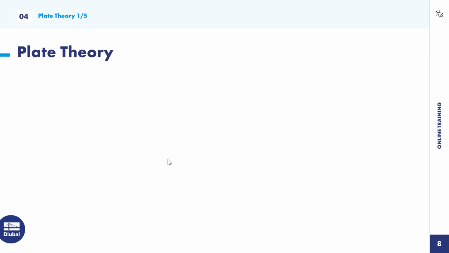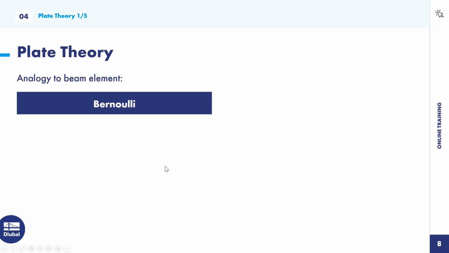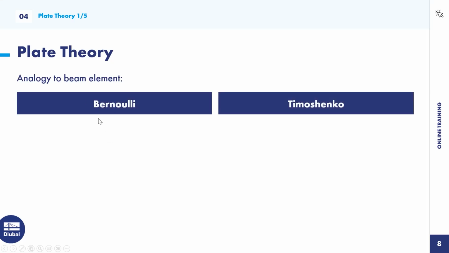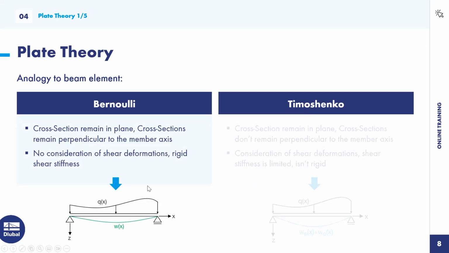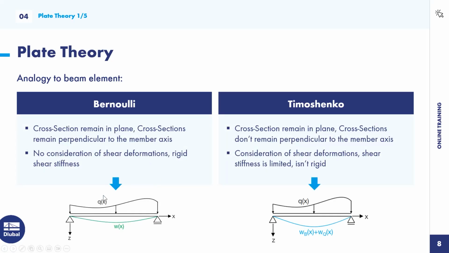For members, you might know there are two concepts or two theories. The plate theories are almost the same as those for members. For the beam element, we have the Bernoulli as well as the Timoshenko beam. Let's go for the similarities first.